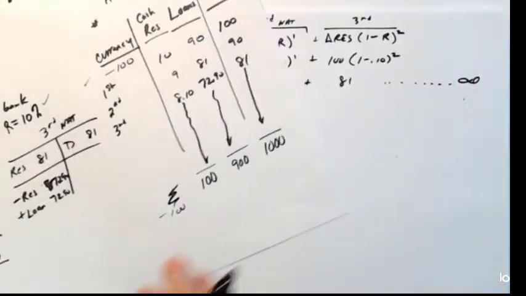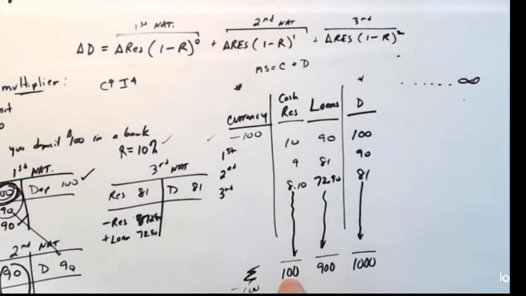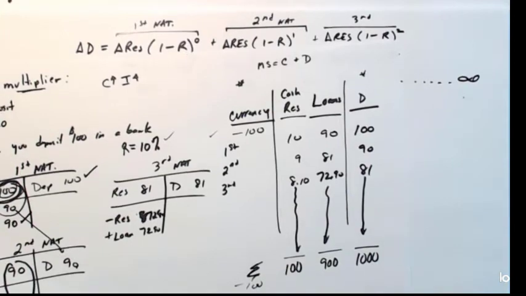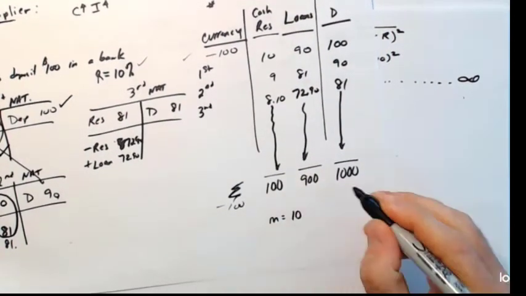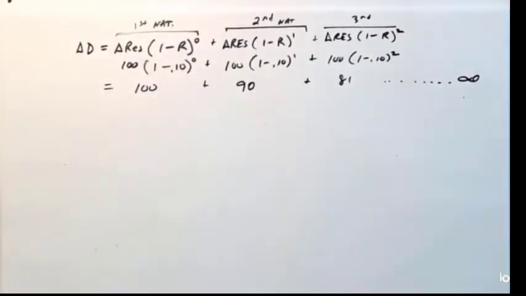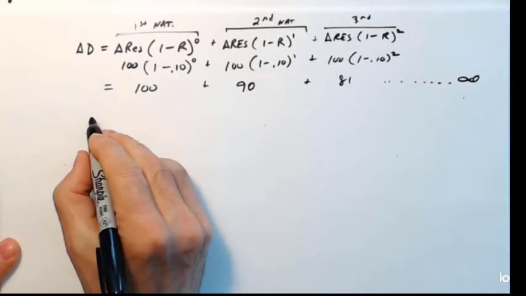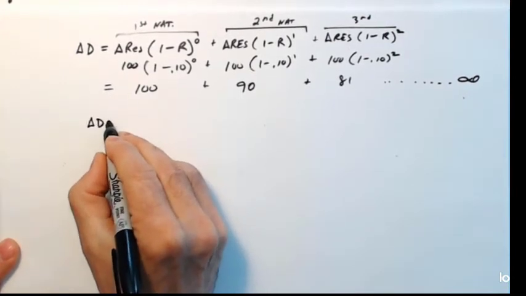And that's one of the points I'm doing this math here. How do we really know? It boils down to this. How do I know that the multiplier, and I'm going to call it little m, is 10? How do I know that? Well, that's what I'm trying to solve. So let me boil this down now, summarize this.